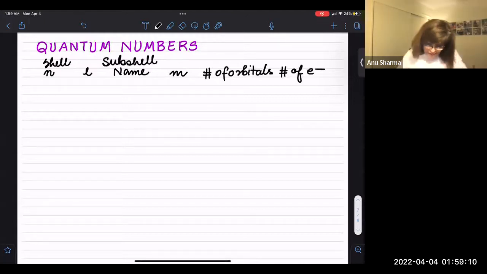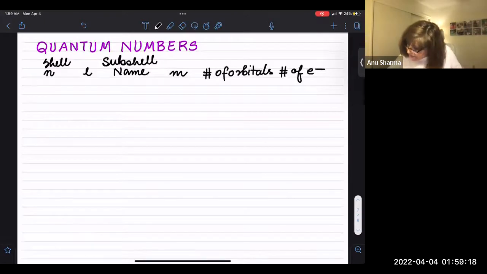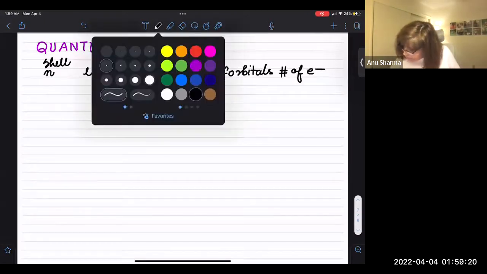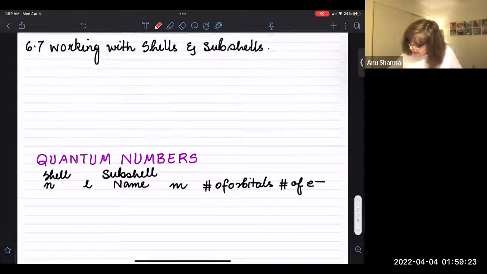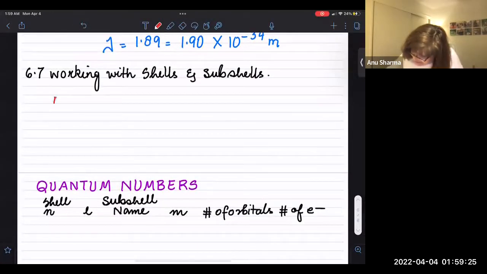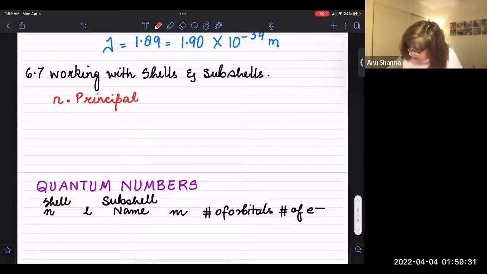So that's one piece. Now keep this in mind: n represents the principal quantum number. Let's put it here, above. n is the principal quantum number, and the principal quantum number is the main energy level, the bigger one.